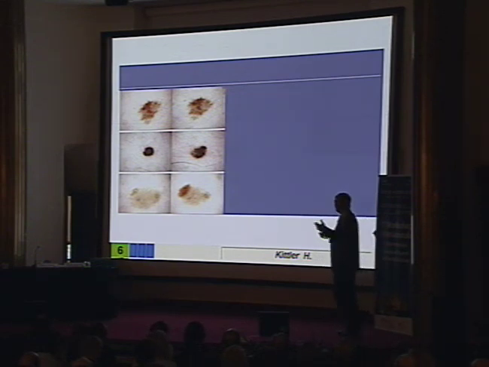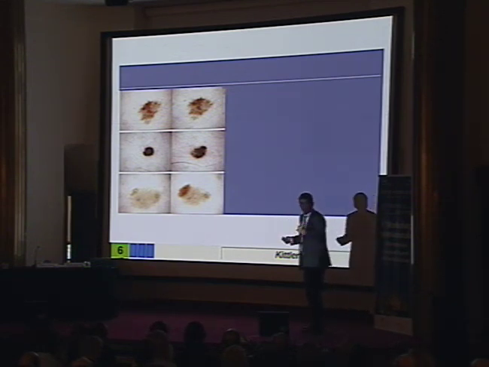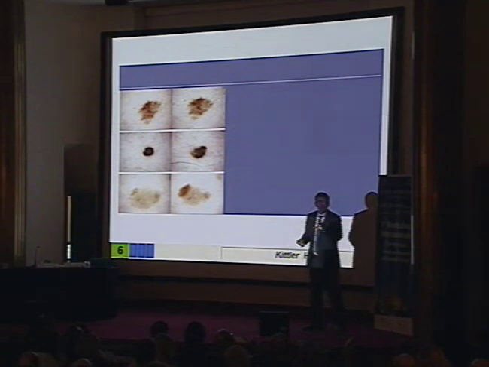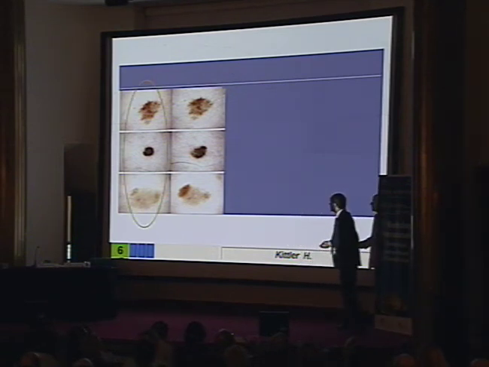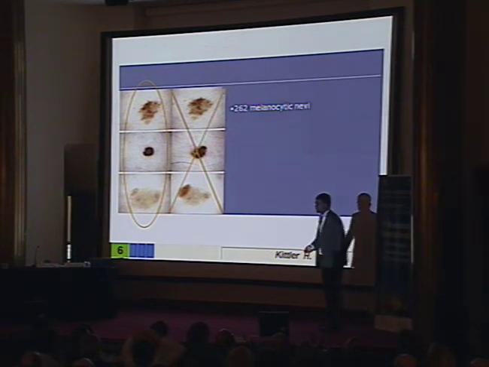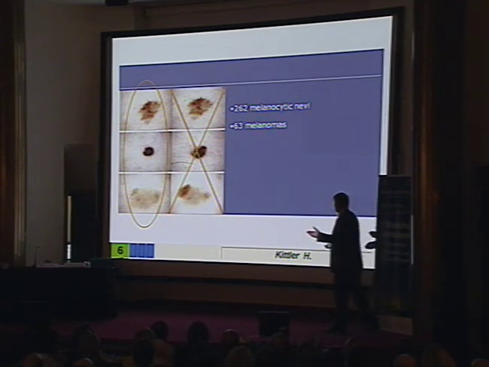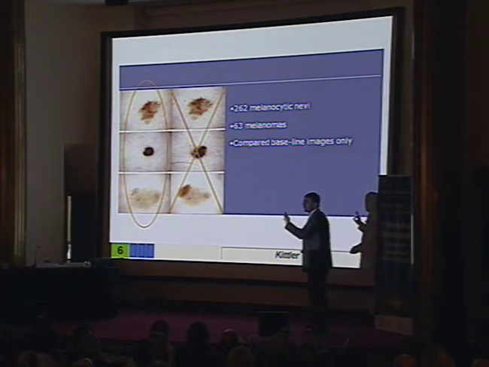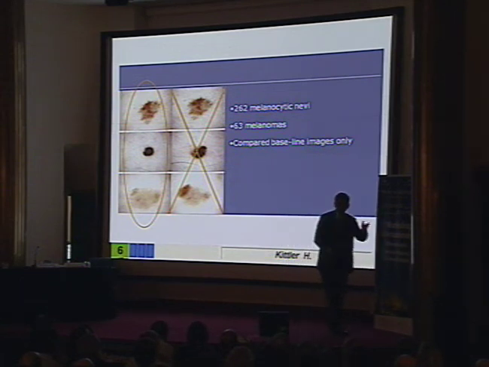We tested 20 dermatologists who are all very experienced in dermatoscopy, and we showed them the baseline images only of nevi, but also of melanomas, not the follow-up images. More than 260 nevi, more than 60 melanomas, and only the baseline images. And they had to indicate whether the lesion is a melanoma or a nevus, or whether they would excise it or leave it.